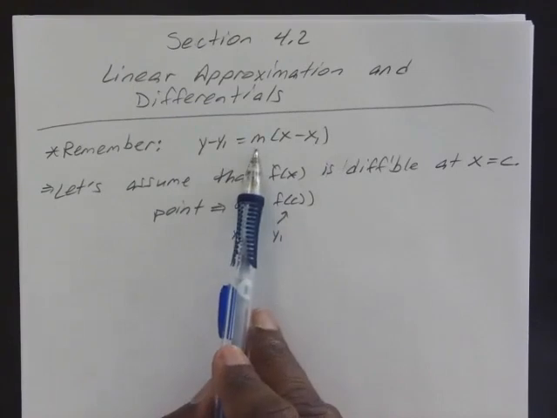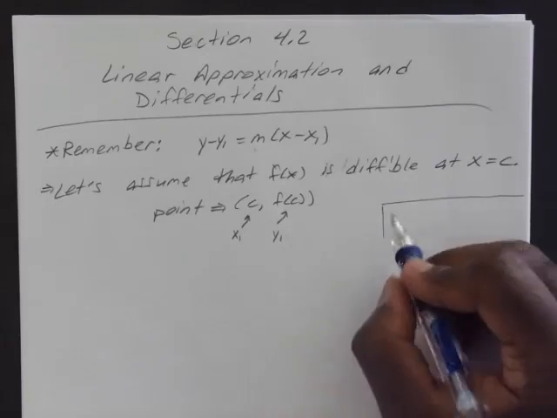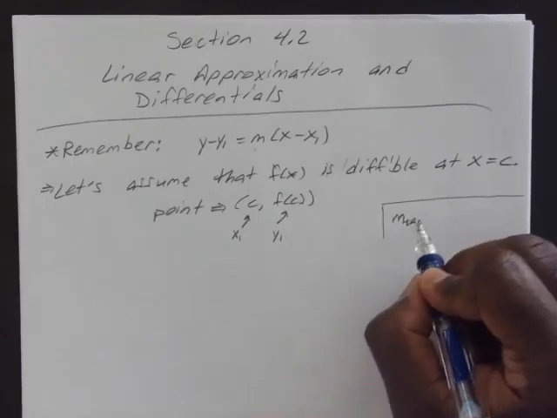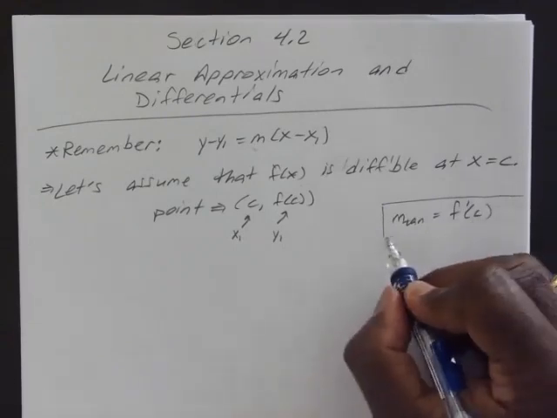And we know that the slope of the tangent line is just your derivative at that point c.